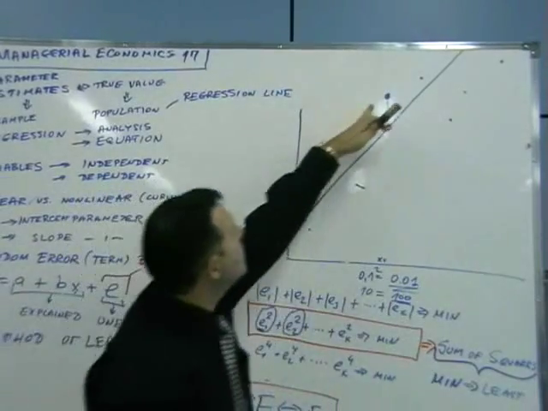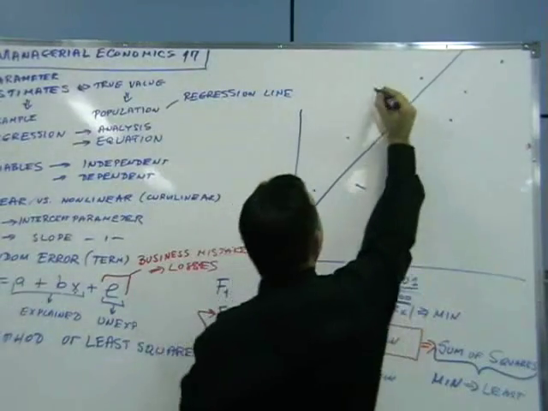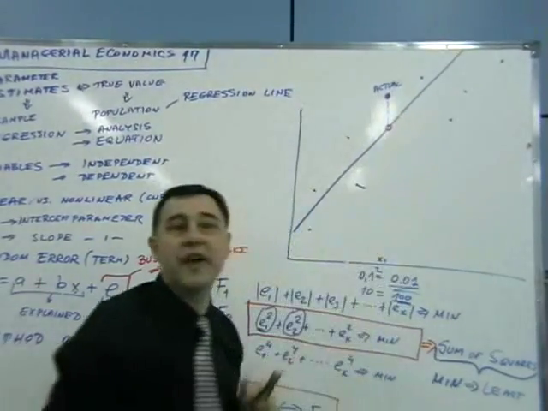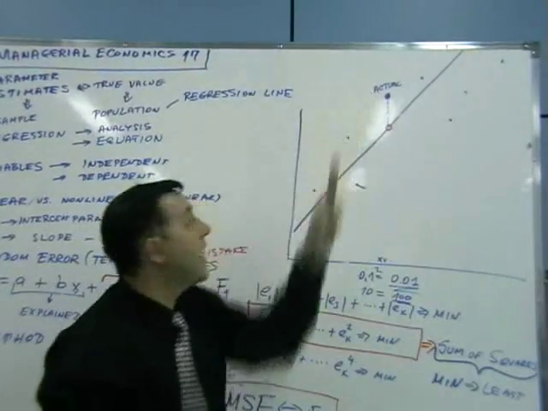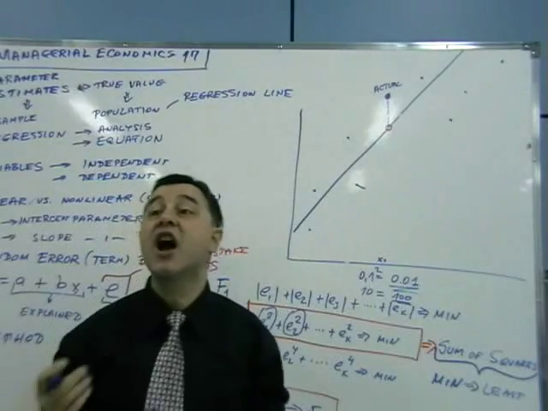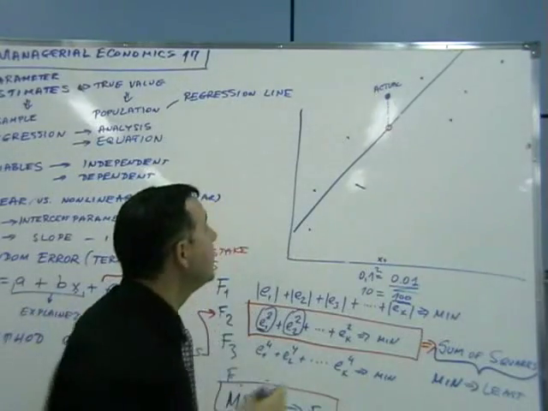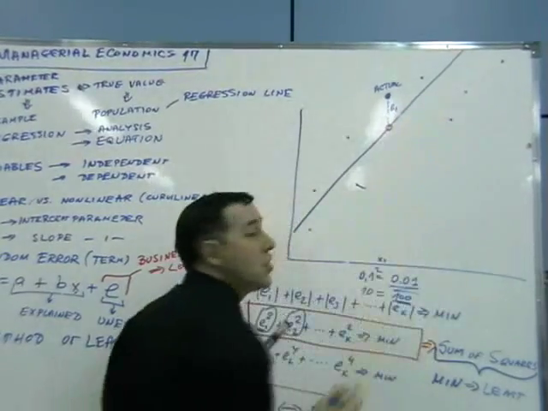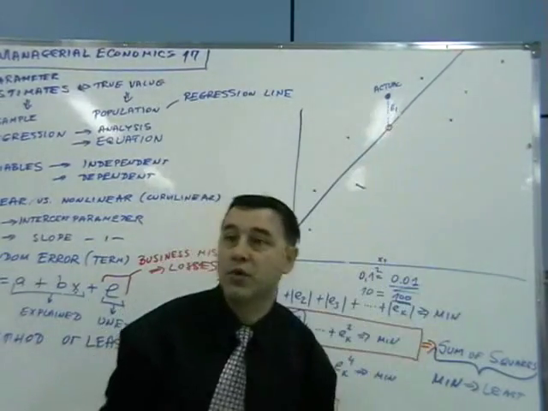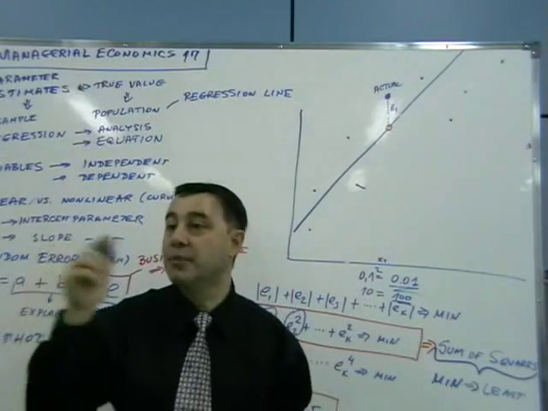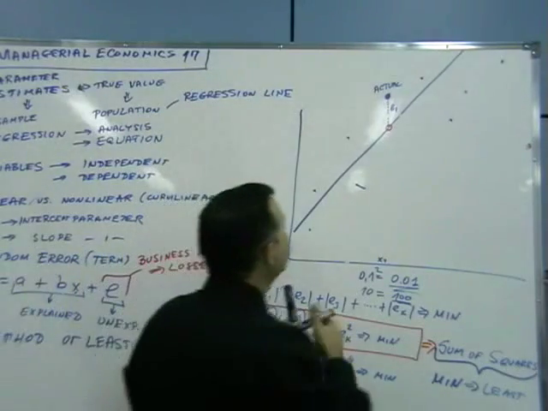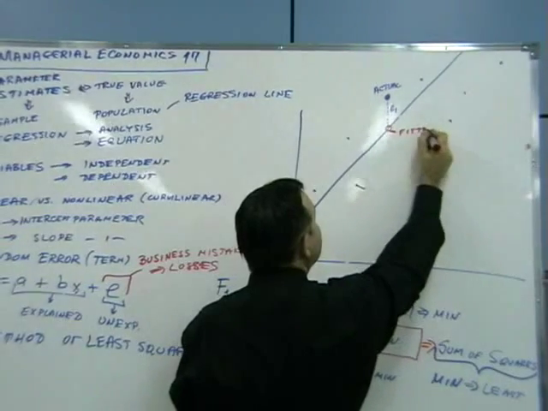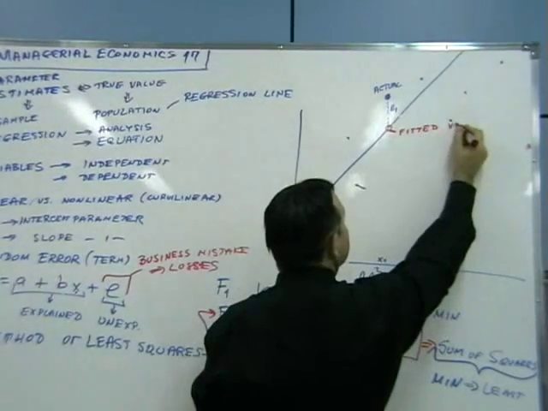So this, the first one, the blue one, we actually call the actual value, or sometimes we call the observed value. This here represents the error, so for the first observation it will be error number 1, for observation 4 it will be error number 4, and this here is called the fitted value.